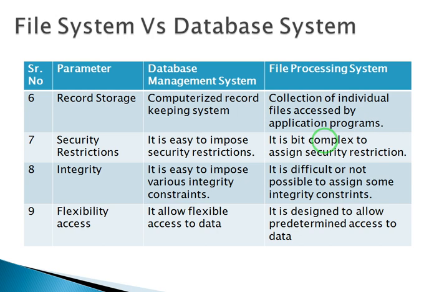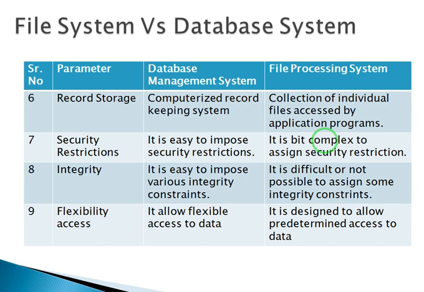In a security restriction, suppose the financial department of my organization wants only the financial data of the employees. It is very difficult in a file processing system to share only the financial details of the employees with a particular department. This is known as security restrictions.